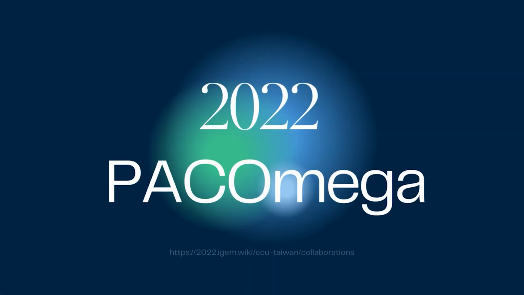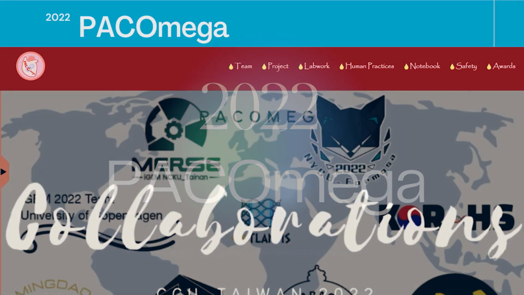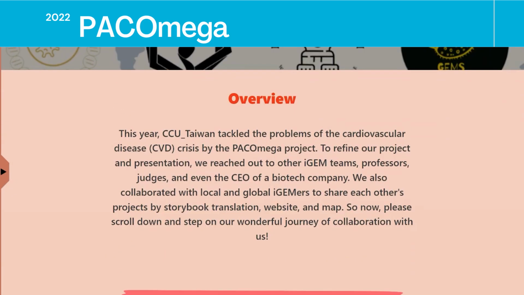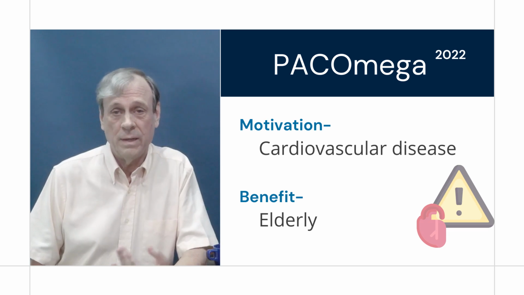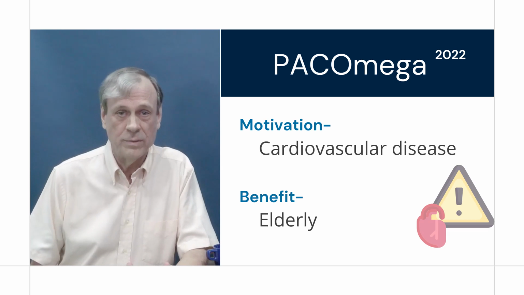And the sixth one was PAC Omega, Pure Artery Care Omega, to help people with cardiovascular disease. And this again is particularly the elderly. So it's not just people in general, but each of these has benefits to a very specific group.